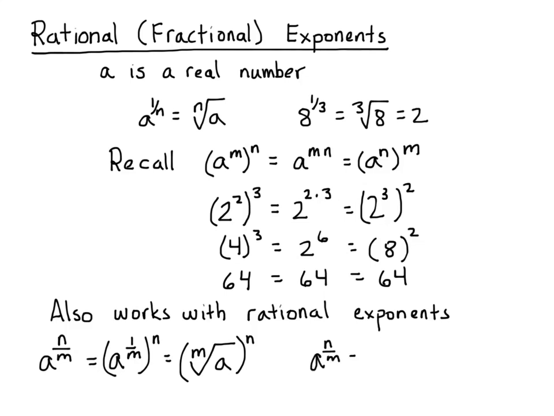Okay, so how does this play out? We can do it the other way as well. You see here what I'm doing is I'm putting the 1 over m on the outside and the n on the inside. So here I have a to the m, n to the mth root, and here I take the root first and then take it to the power.